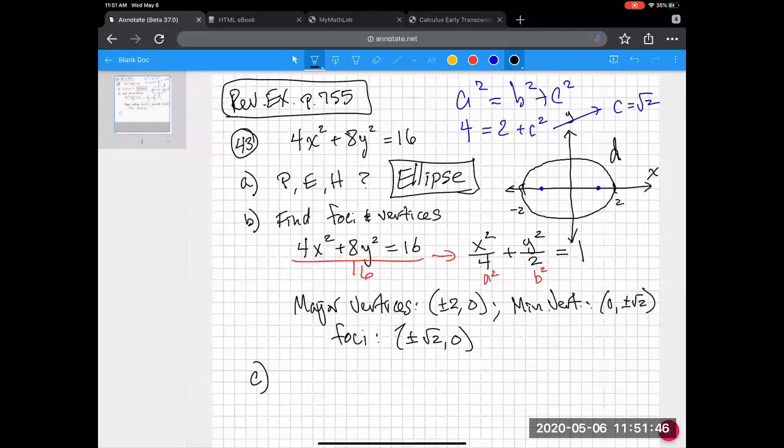Nonetheless, the vertices are shared by all of them. Having focal points, one or more, is shared by all of them. Directrix is only for a parabola, and asymptotes are only for hyperbolas. And major and minor axes, both of those are only in an ellipse.